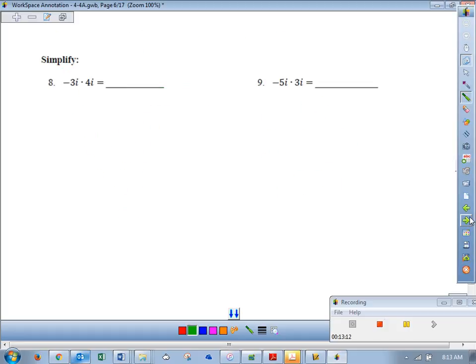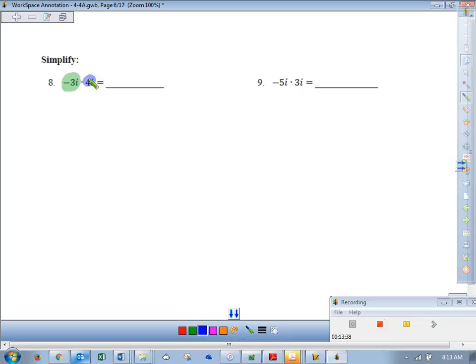So, again, question for you, just out of curiosity's sake. The green thing, is that a real number or an imaginary number? Just the green thing. Does it have an i with it, or does it not have an i with it? Has an i with it. So is it real or imaginary? That's an imaginary number.